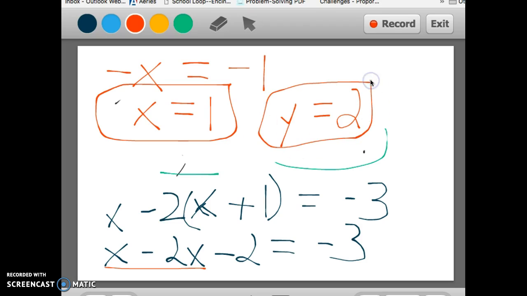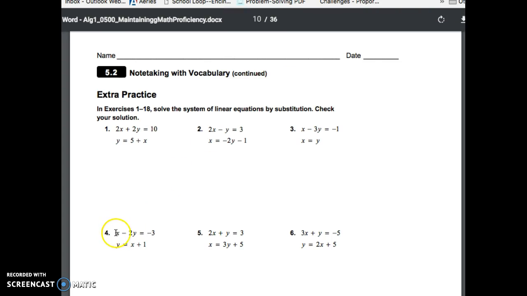And so 1 comma 2 is my answer. If I plug that back into this problem, 1 plus 1 is 2, and then 1 minus 2 times 2, 1 minus 4 is negative 3. So that's right. We're finished with that one.